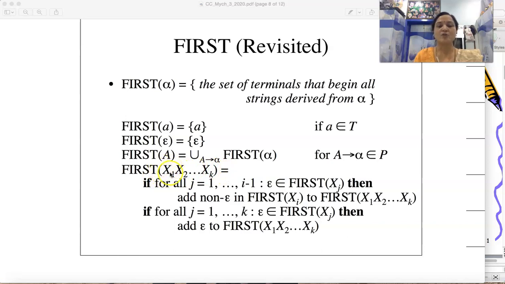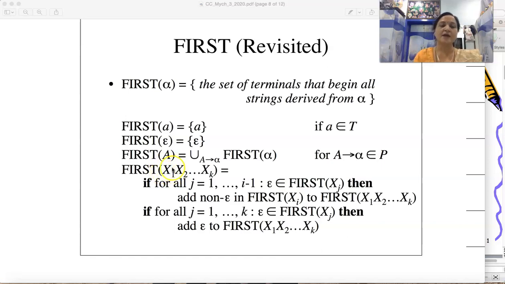If all these are non-terminals, then how to compute the first value? If x1 does not derive epsilon, then we can directly write first of x1, x2, xn is first of x1. But if x1 derives epsilon, as shown here, epsilon is a member of first of x1, it means x1 can remain absent.